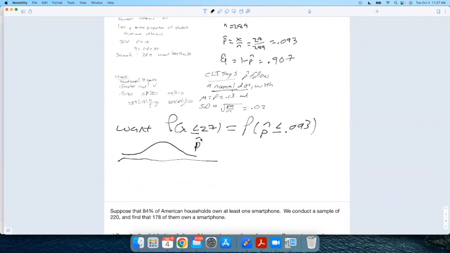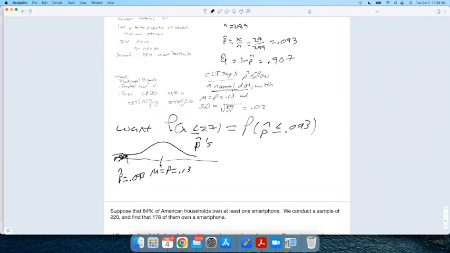These are all the possible P hats. I know right in the middle the mean is P, this population success rate, 0.13. I want the probability of being right here. 9% is less than 13%, or below.